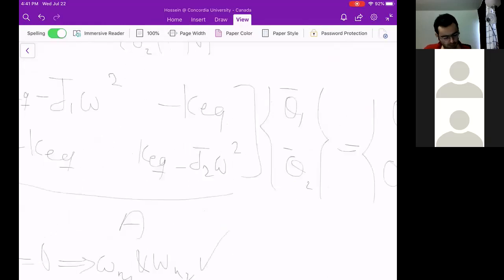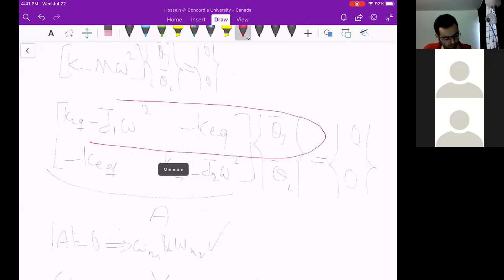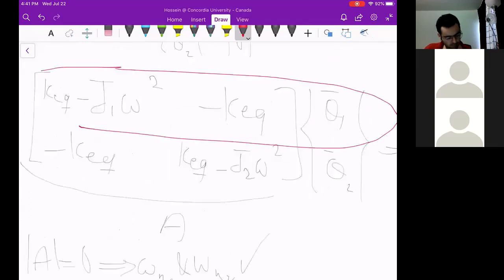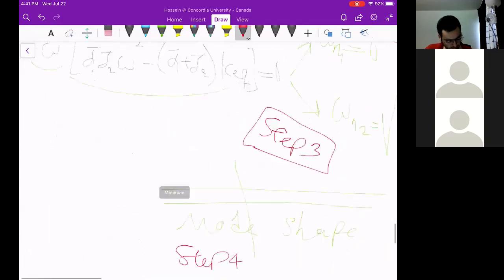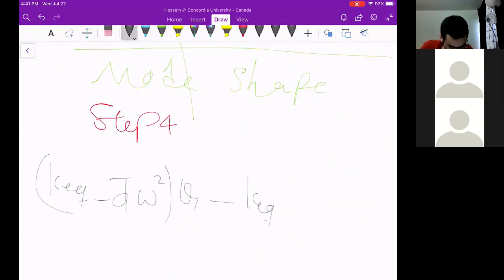So simply I will choose the first row and rewrite this, and by writing that, I will be able to come up with the normal mode shape. So K equivalent minus J1 omega to the power 2 theta 1 minus K equivalent theta 2 is going to be 0.